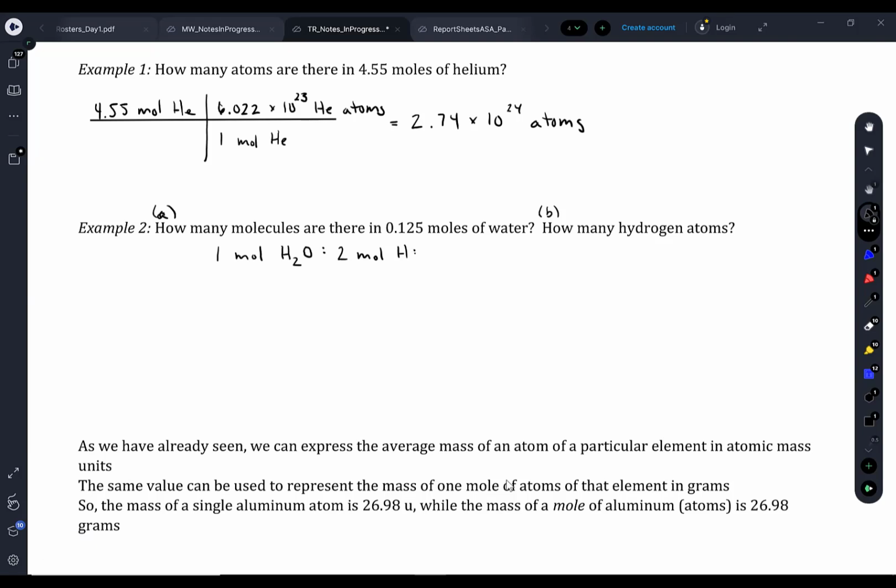And if you were asked, how many oxygens would you have? 1 mole of oxygen. Good. Or you could have said 1 H2O molecule. Don't abbreviate molecule, MOL, okay?